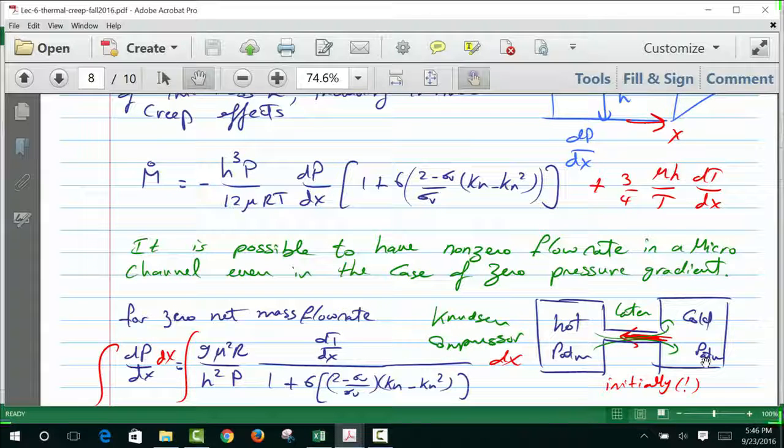Until the pressure in the other tank is high enough that it starts driving the reverse flow. Okay? So you build the pressure, and this is kind of the maximum pressure you can build.